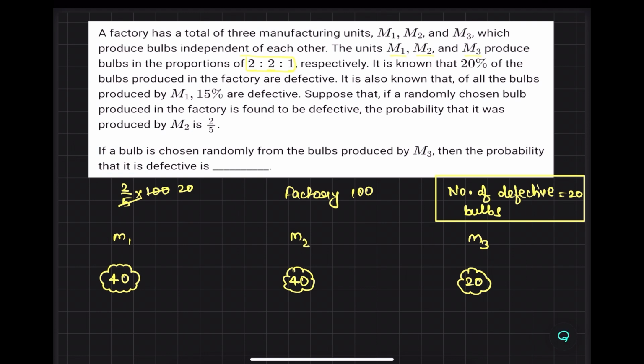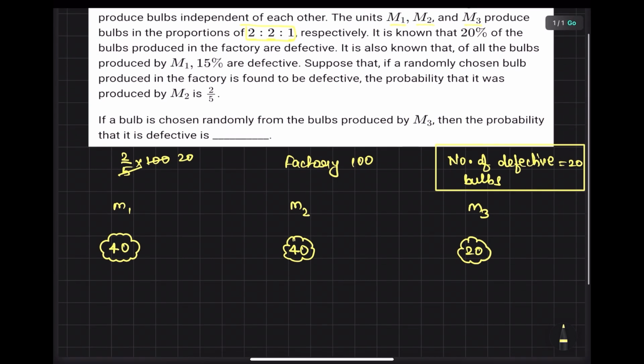It is known that of all the bulbs produced by M1, 15% are defective. So it is given that of the bulbs produced by M1, 15% will become defective.